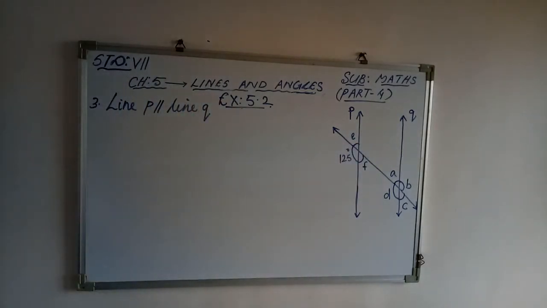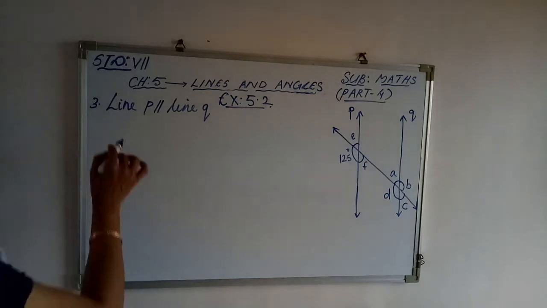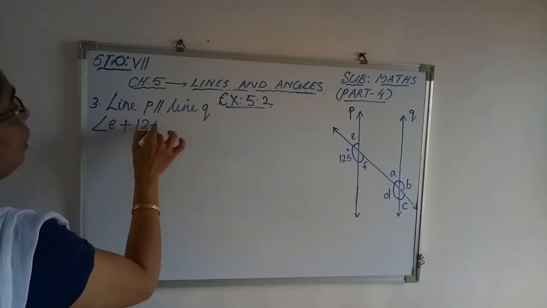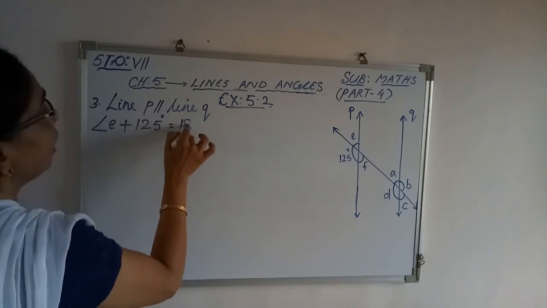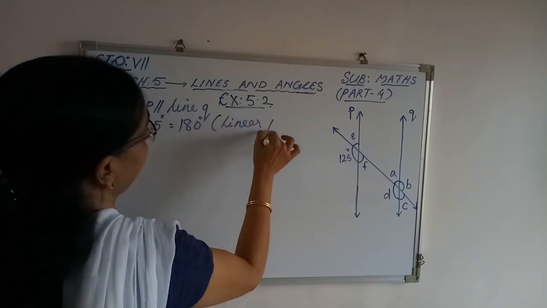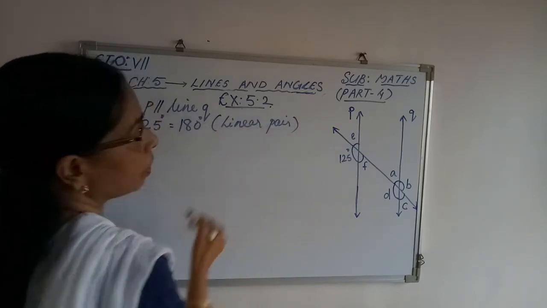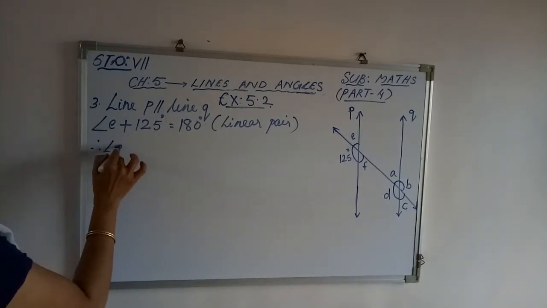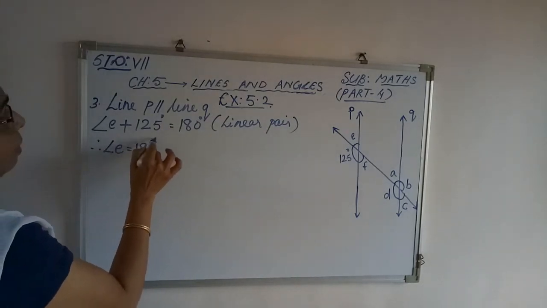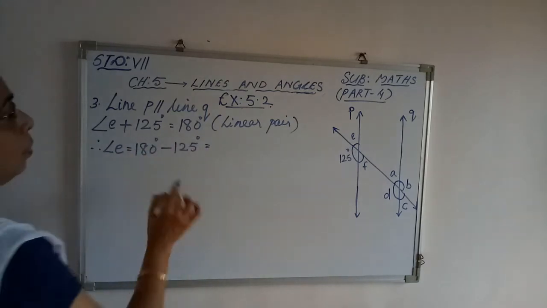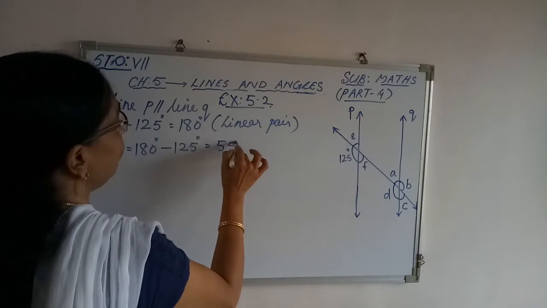So 125 plus angle E is equal to 180 degrees, as they form a linear pair. Clear to you? Therefore, angle E is equal to 180 degrees minus 125 degrees. That will give you 55 degrees.